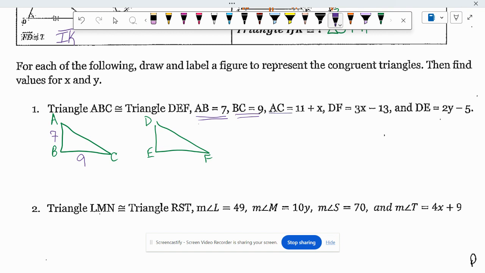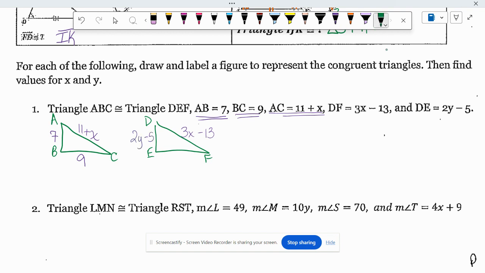It says that segment AC is 11 plus X. That's this guy. Now let's look at DF. DF is the hypotenuse, it's 3X minus 13. DE is the short leg. That's 2y minus 5.